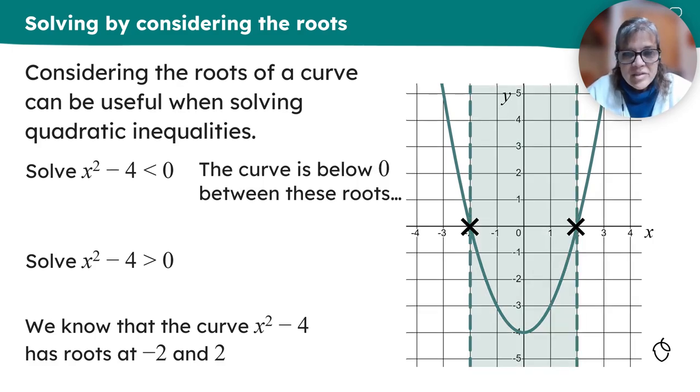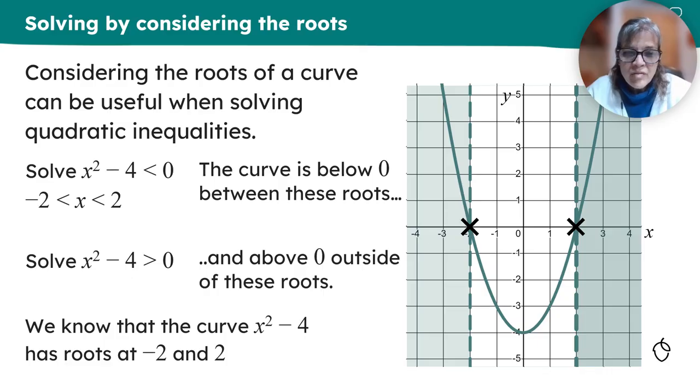And that can help me to solve these. I can imagine the curve and I think, okay, where is this curve below 0? Well, it's between those two roots. And where is this curve above 0? Well, it's outside of these roots. And so I can define those roots. They help me to give the answer. I wouldn't have to graph it, right?